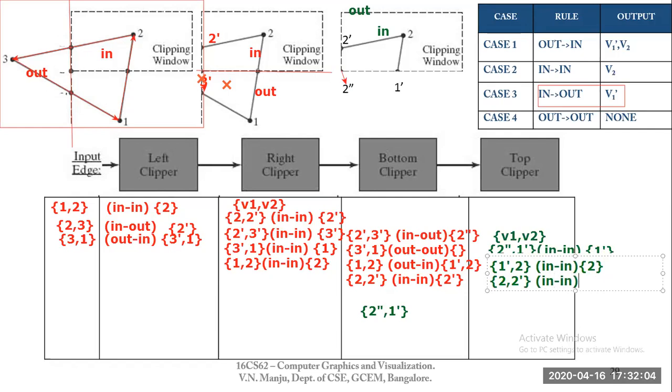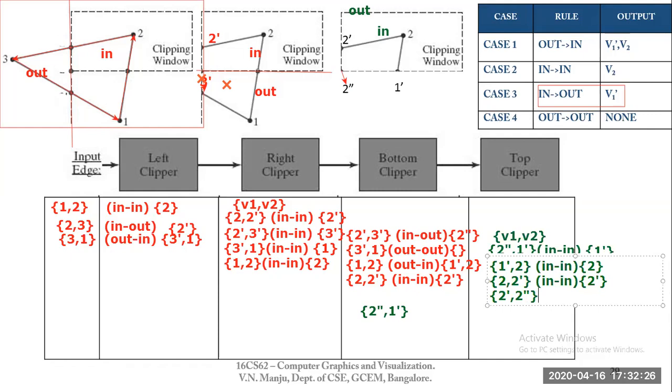So then it is 2 dash. Next one is 2 dash comma 2 double dash.